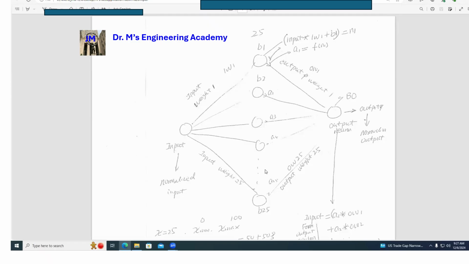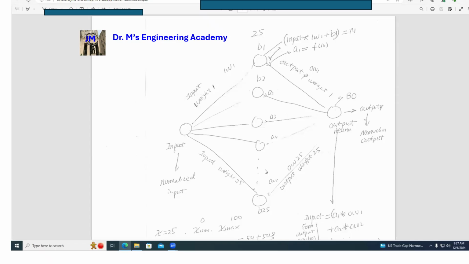For our case, this is A1 and it goes here. Now for this output, the same thing. This will be my input, and for this output we use the same thing. So this A1 is multiplied by OW1, then plus A2 from here multiplied by OW2, and so on and so forth.